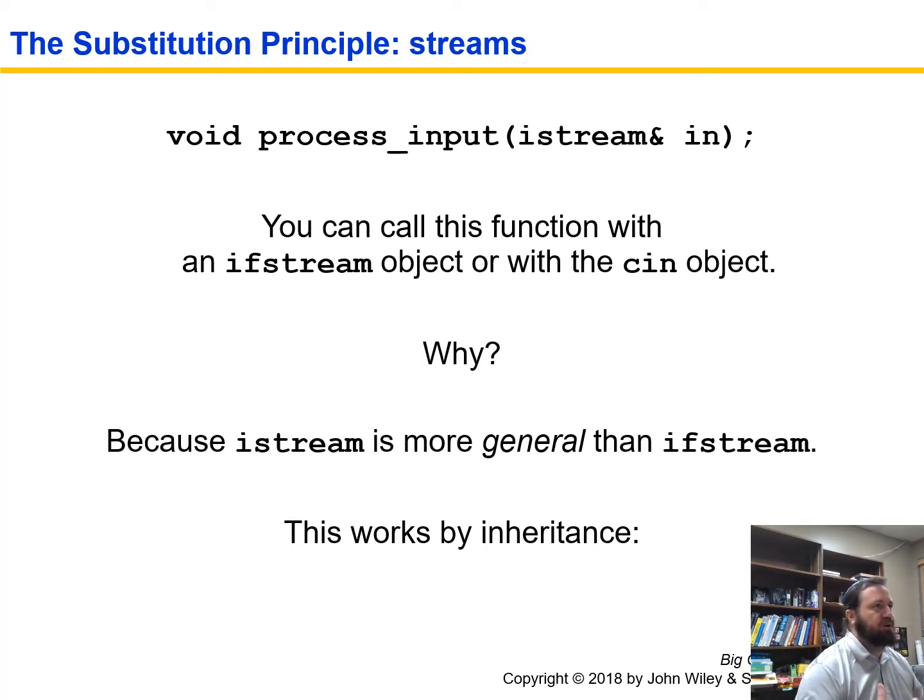Because each of those are subclasses of istream. istream is more general, so ifstream, istringstream, and cin have all inherited the member properties of istream, and so processInput will know how to interact with cin, an ifstream, or an istringstream.